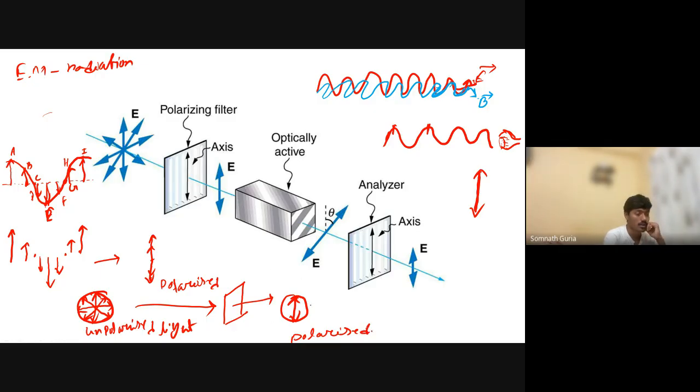Okay, this is polarized. So this is my unpolarized light, this is the E we are talking about. Whenever it passes through a polarizer, it only allows the light whose electric field oscillates in that z direction, which is over here. This is the E, and this is called plane polarized light, plane polarized electric field.